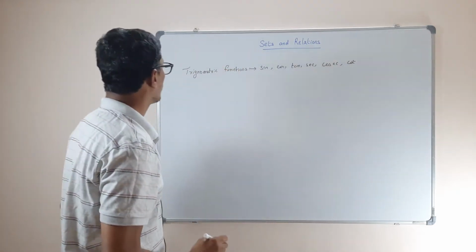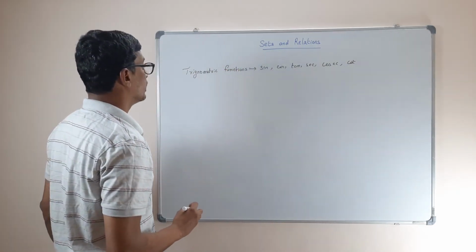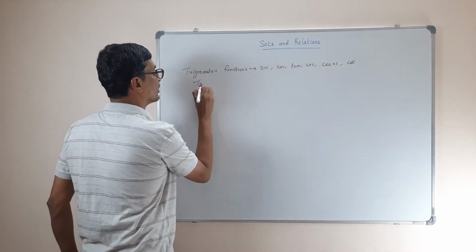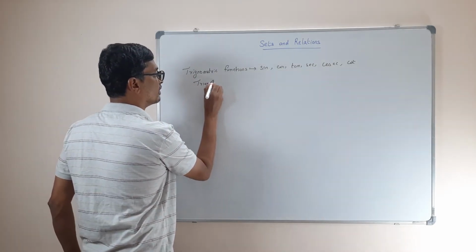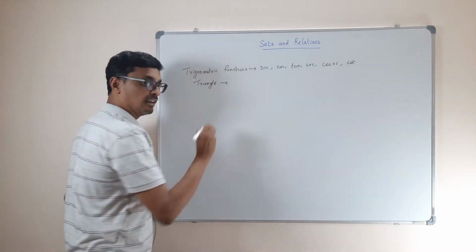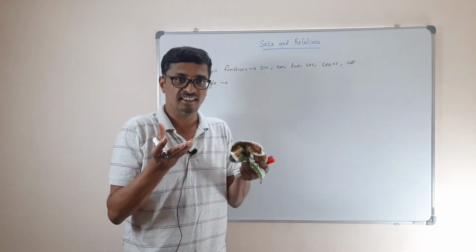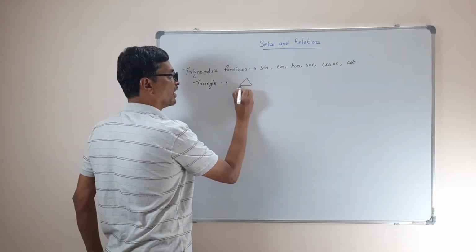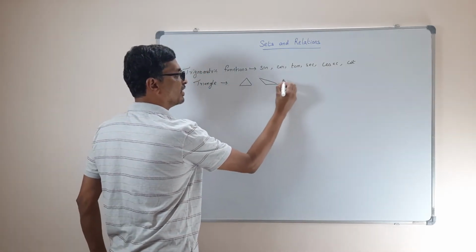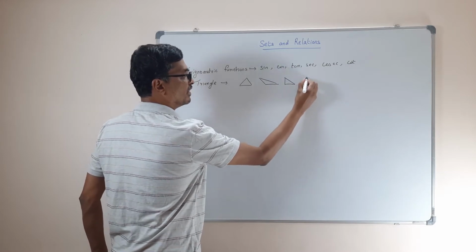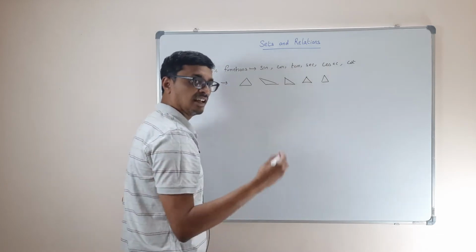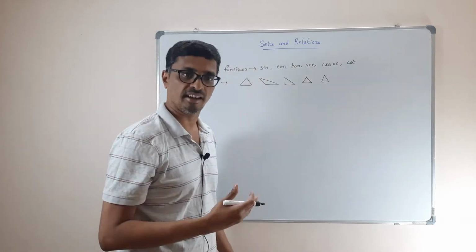Then I can say triangles. When I say triangle, does it represent a single triangle? There can be different types: acute triangle, obtuse triangle, right triangle, equilateral triangle, isosceles triangle, scalene triangle, and many more.